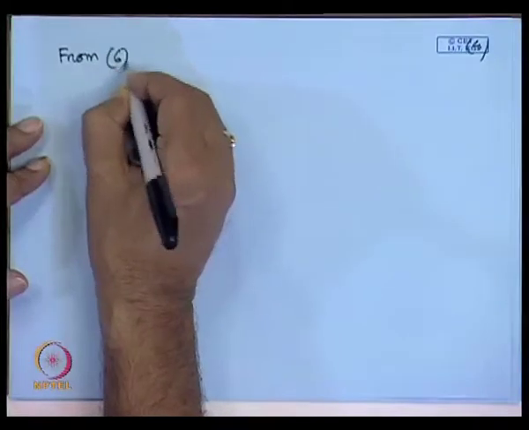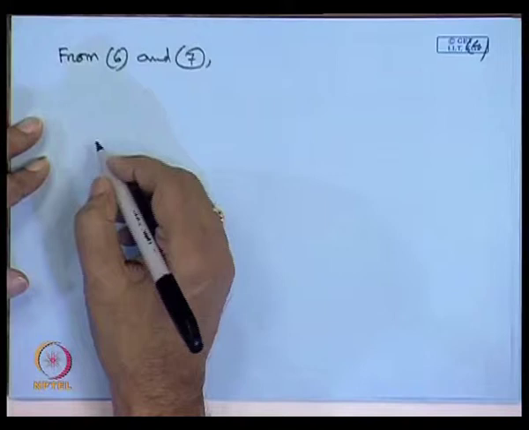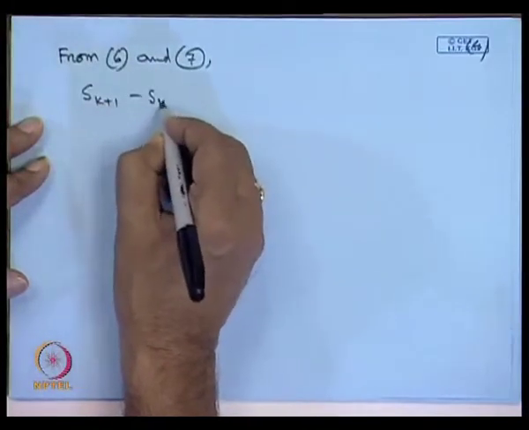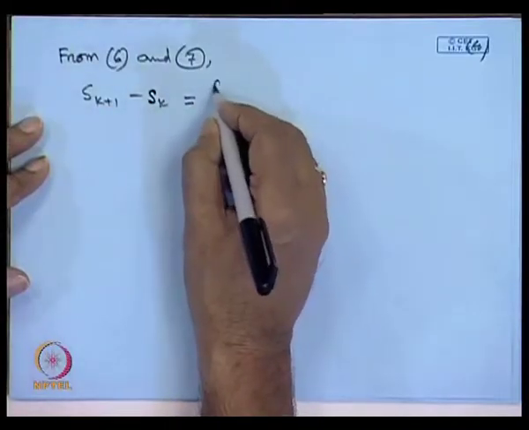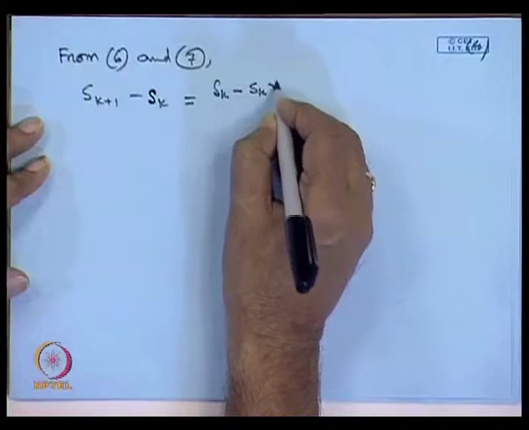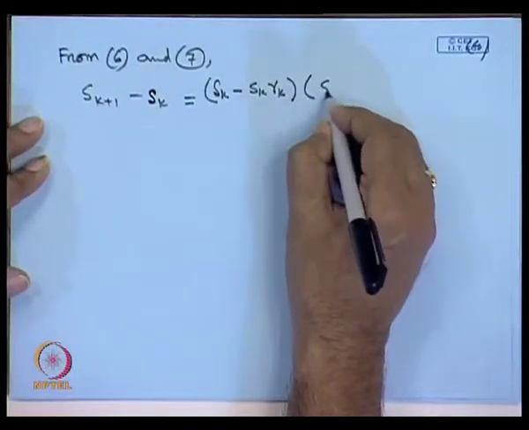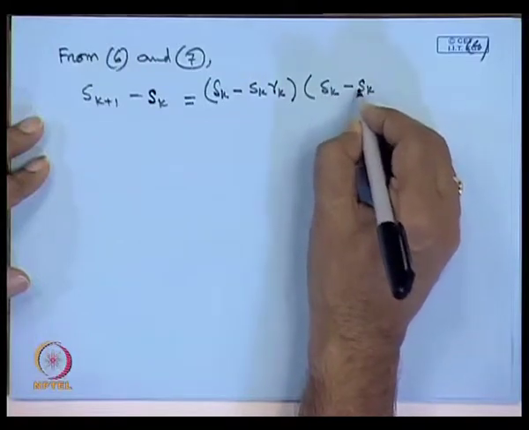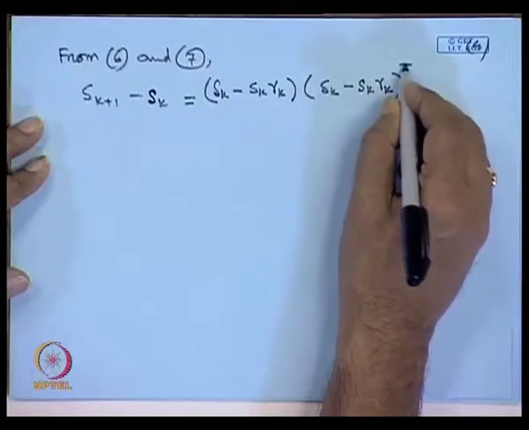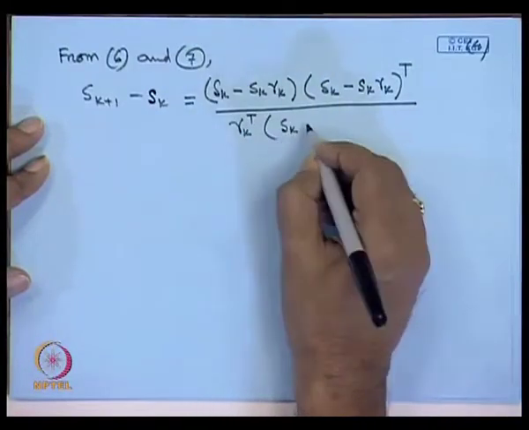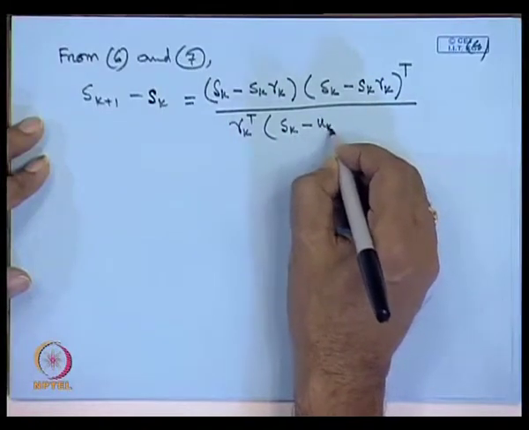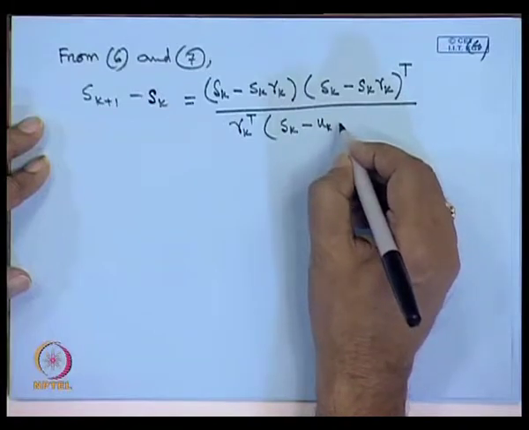So, using equation numbers 6 and 7, we can write x k plus 1 minus x k, this is s k, equal to, replacing from 6 and 7, delta k minus x k gamma k into delta k minus x k gamma k whole transpose, divided by gamma k transpose delta k, minus u k gamma k.